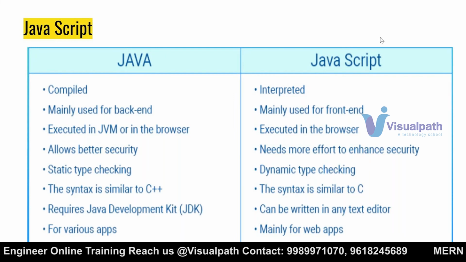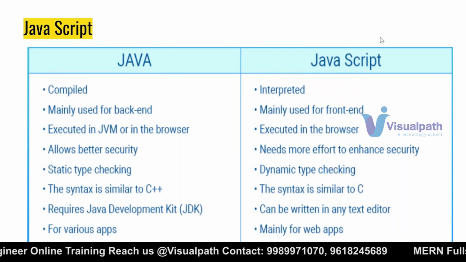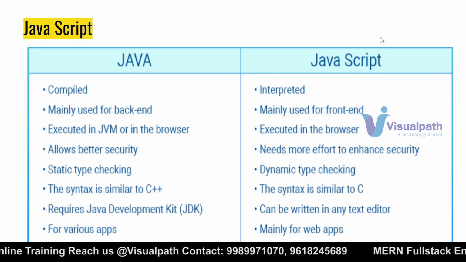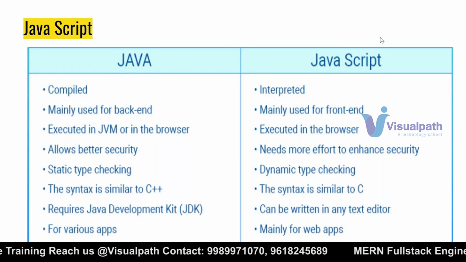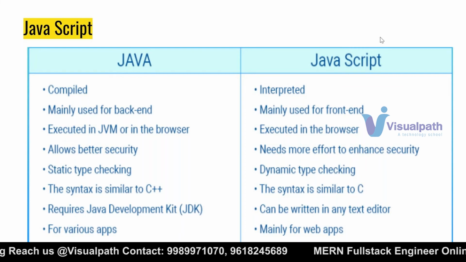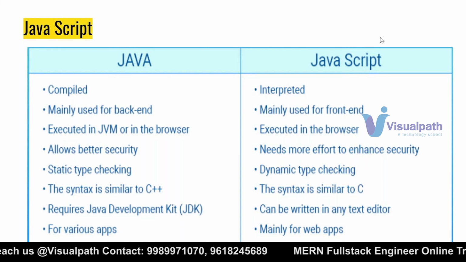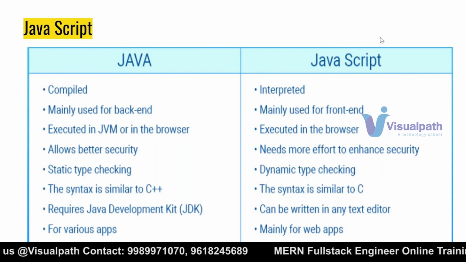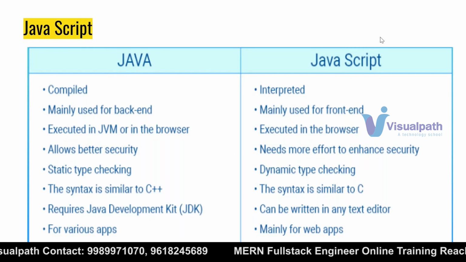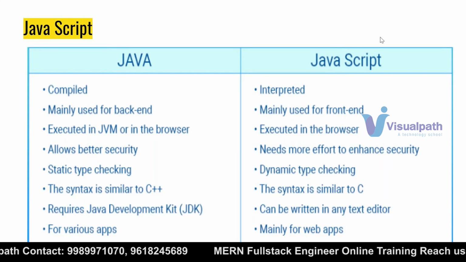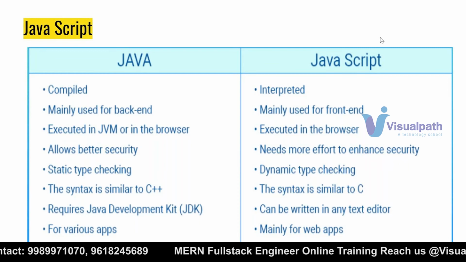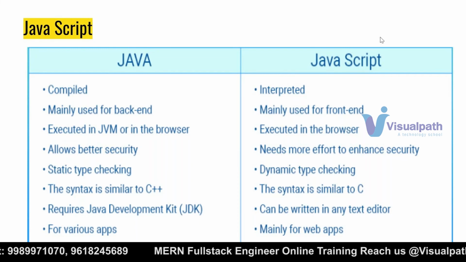Therefore, at runtime, while executing, it will check what the errors are, etc. And similarly, as I told you, it is mainly used for the front end, but with Node.js, it can also be used for back end, because JavaScript provides promises and asynchronous operations. We will be covering these technical terms. You might find it difficult unless you know JavaScript. Therefore, these are the advantages of JavaScript. That is the reason why we use JavaScript for both front end and back end.